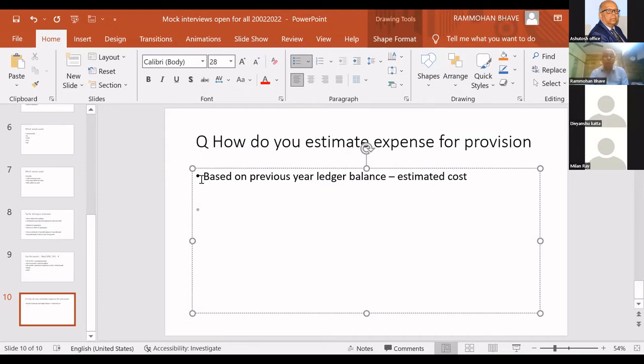Yeah, good. So now, what is the better way of saying? Assessment of historical data, current and projected facts. Right? Historical, current and projected facts.